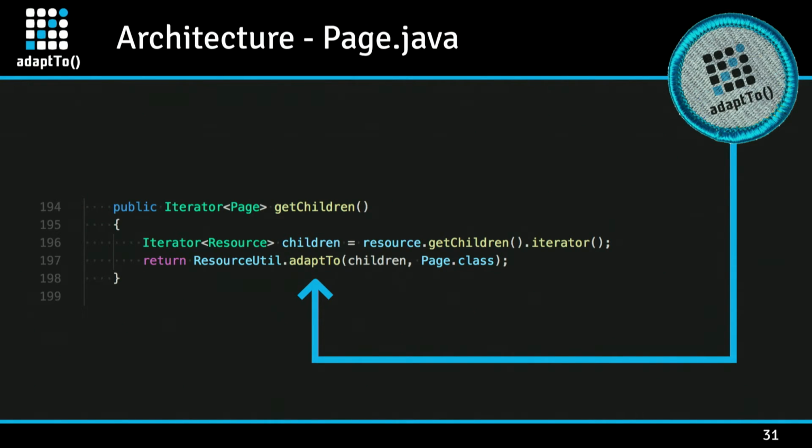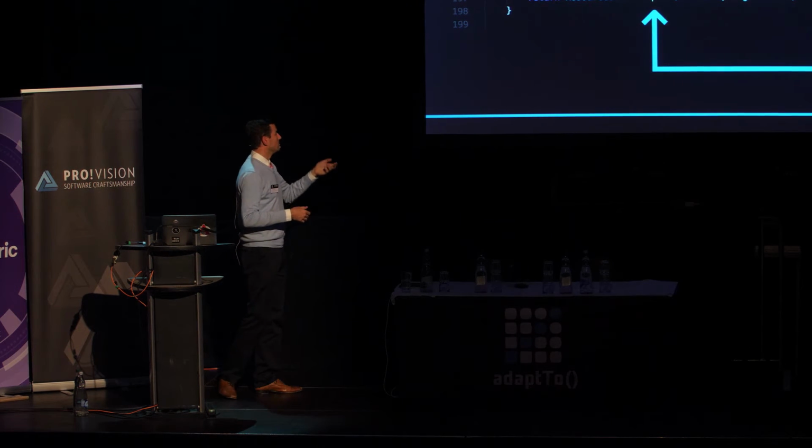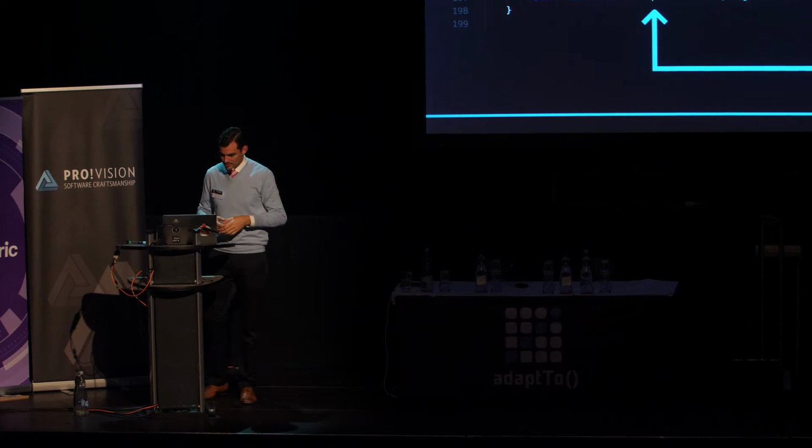And then for my adaptTo merit badge, pages actually do support getting children. So even though Slick is not a CMS, there is traversal, so we actually adapt this iterator of children to our Slick page.